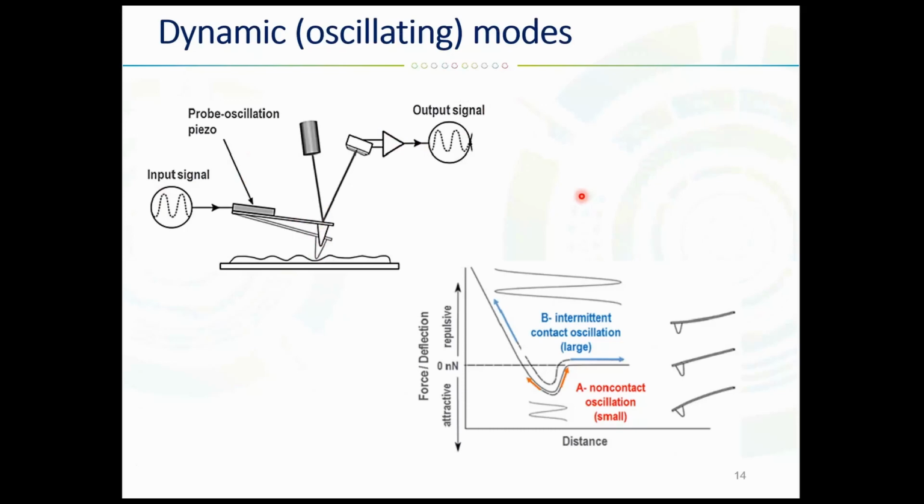The only real differences between different oscillating modes are the size of the amplitude of the oscillation that we apply to the probe, and the method that we use to detect the change in this oscillation.